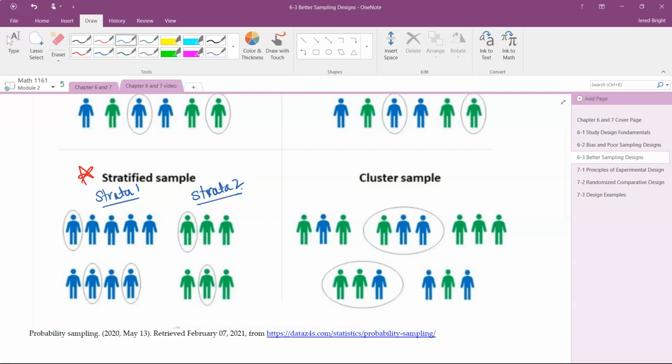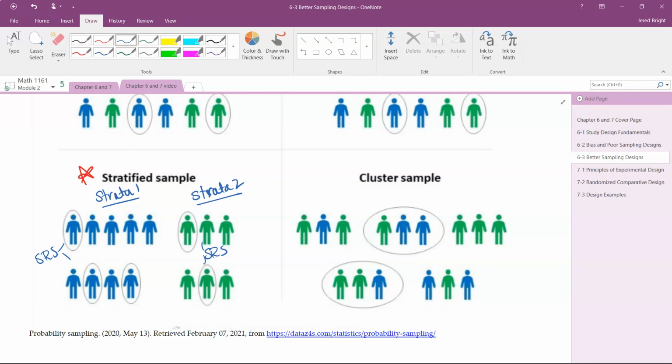So you split the population based on some factor. And then within each strata, you do an SRS. So this is a simple random sample in here. In certain instances, you will need to do this because there might be some confounding factor or lurking variable that you're trying to control for. So this accounts for that.